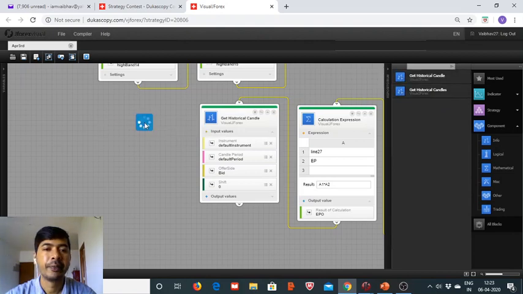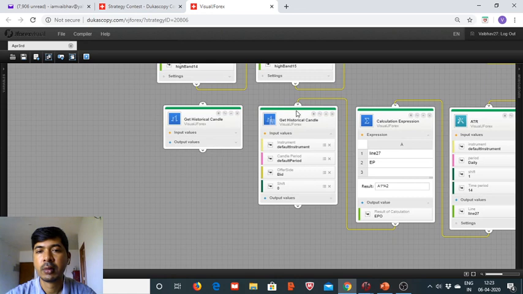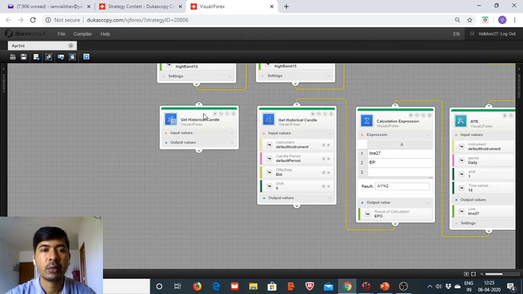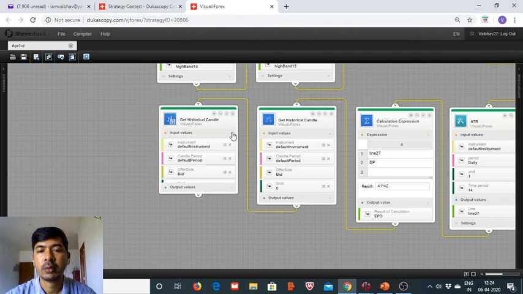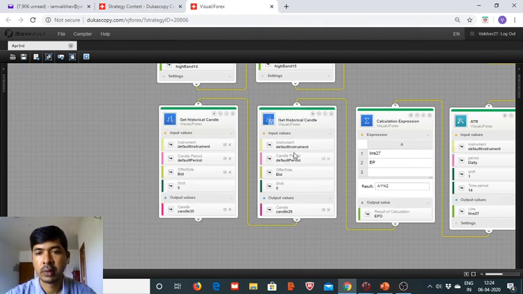And again, let us define it. Default candle period at 10 seconds. Bid side, it's fine.